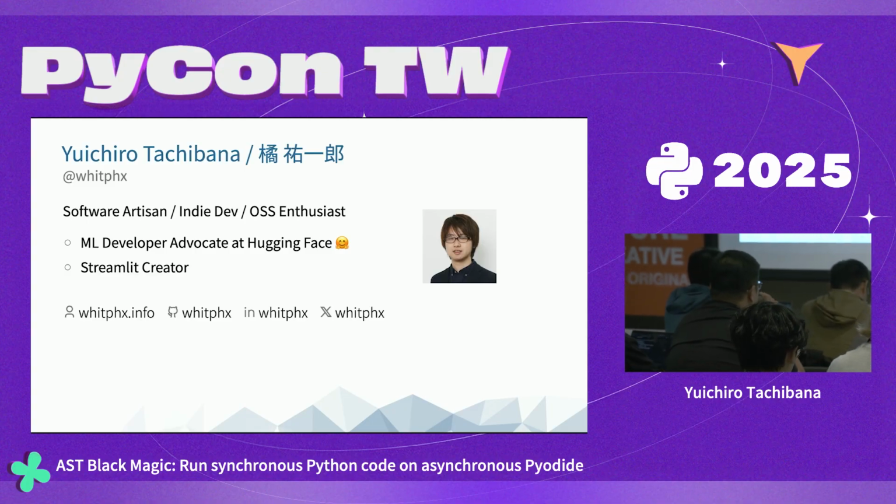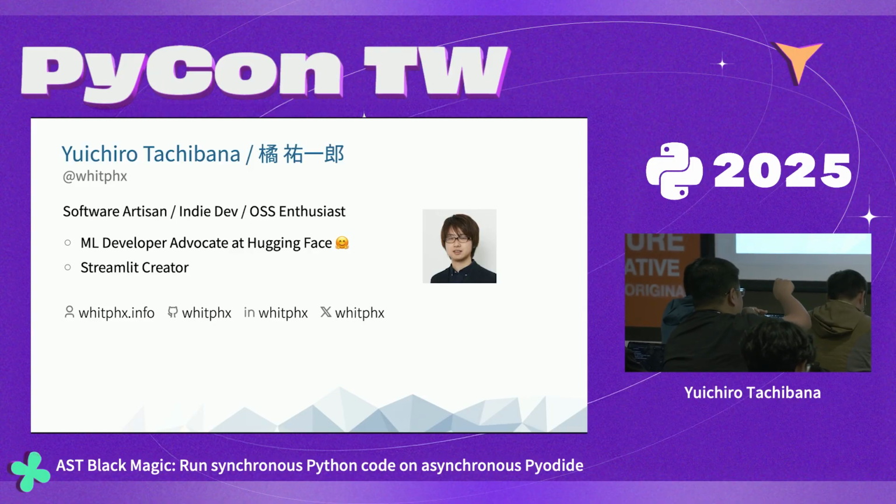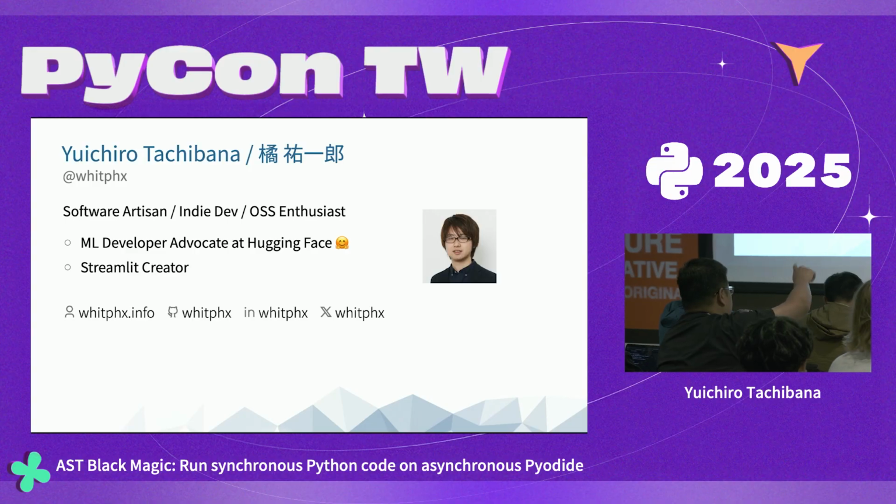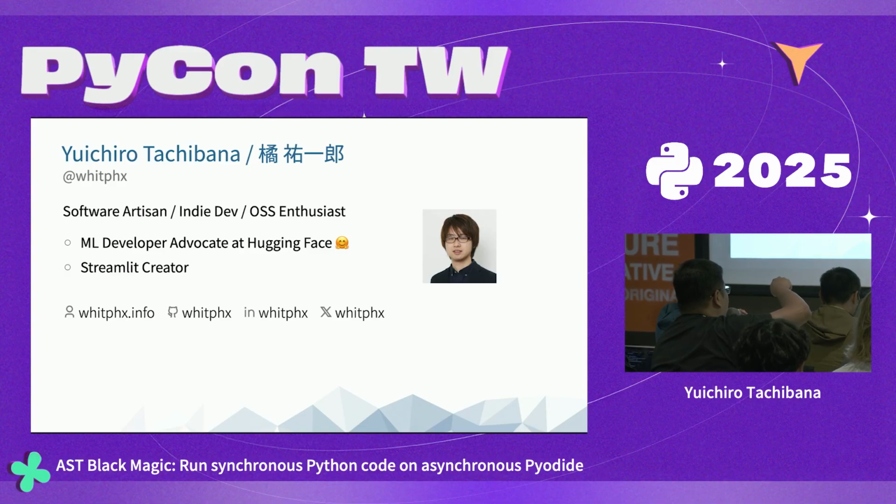Sorry, I have one question. You just mentioned that you have to change code to use await, instead of asyncio run, so that it can run on the Pyodide environment.